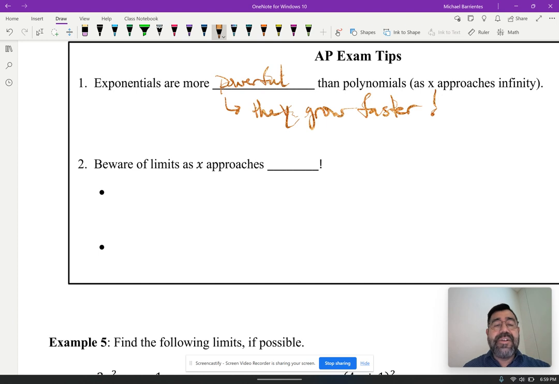A polynomial will be x to the third or x to the fifth, even x to the 100th. The exponential will eventually beat it out and grow faster. And then the second thing to remember is be careful. We've looked at examples where x is always approaching positive infinity, but x could approach negative infinity. So be careful with those.